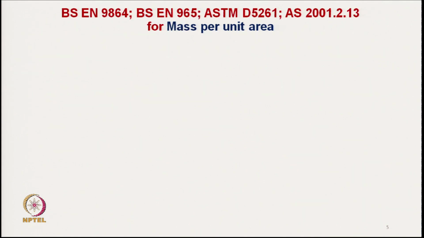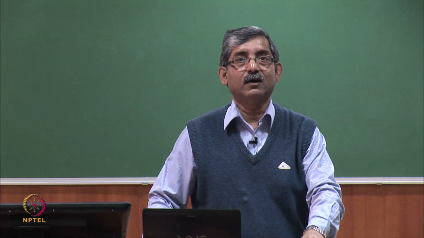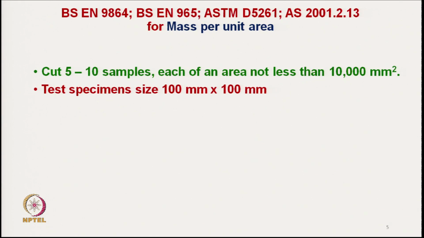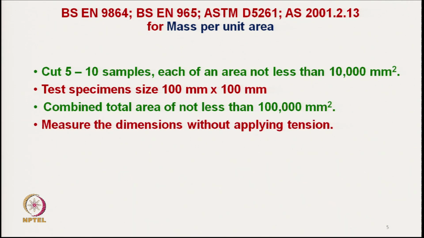Then mass per unit area is very important. The tensile characteristics mainly correlate with the mass per unit area of the material. Here the material is cut to a specific dimension, and its mass is taken, and when we divide the mass by the area, we get the mass per unit area.